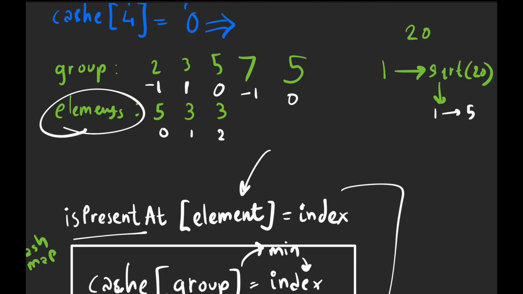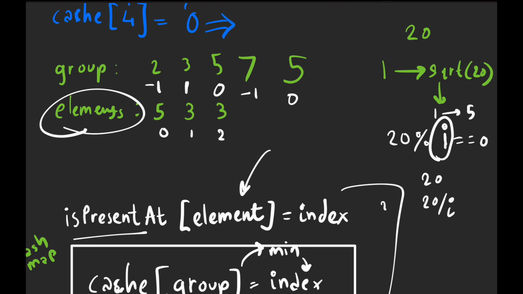How can we find the divisors? If we apply the modulo operator to a number, let's say i, and we get 0, then i is a divisor of 20. Similarly, the other divisor we can get is 20 by i.